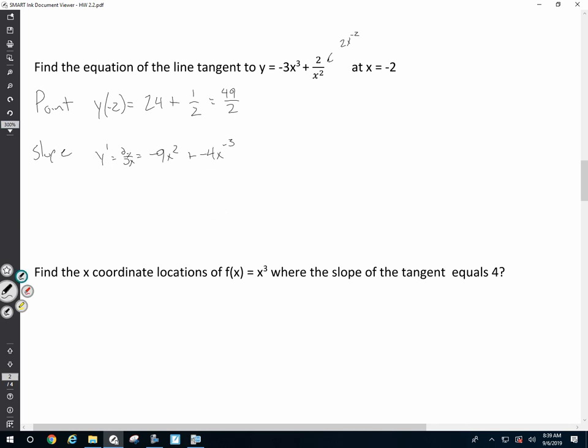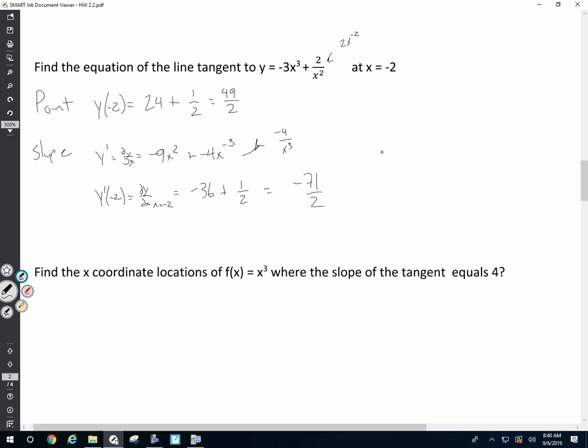So when I try to find y prime at negative 2, same as dy dx at negative 2, I get positive 4 times 9, negative 36. And then I get negative 4 over x cubed. So this is negative 4 over negative 8, which is positive 1/2. Negative 2 cubed, negative 8, negative 4, negative 8. Boom. Okay. 36 is 72 halves. So plus a half would be negative 71 halves.